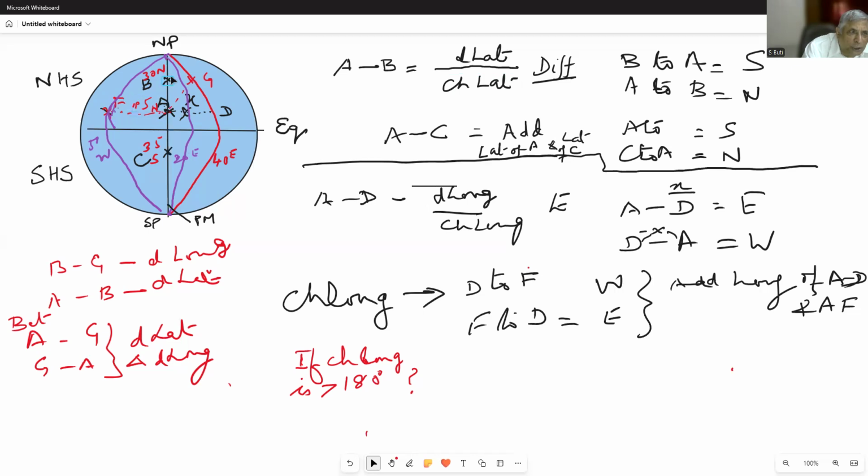They are both in the northern hemisphere. From A to B, your change of latitude will be north, and B to A, change of latitude will be south. B to A, you are in the northern hemisphere, but you are going southwards. So change of latitude will be south.